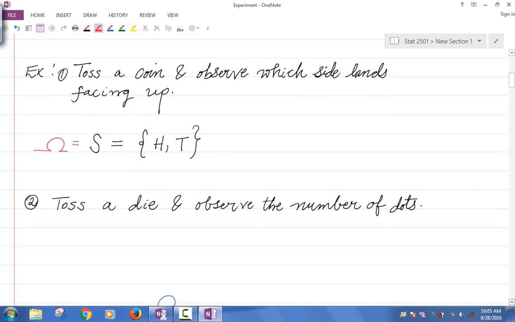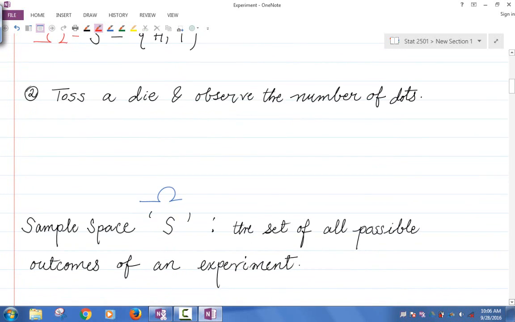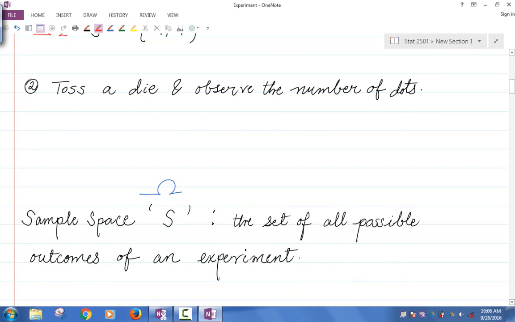And if you toss a die and observe the number of dots, right? In that case, the set of all possible outcomes will be given by the numbers 1, 2, 3, 4, 5, and 6.